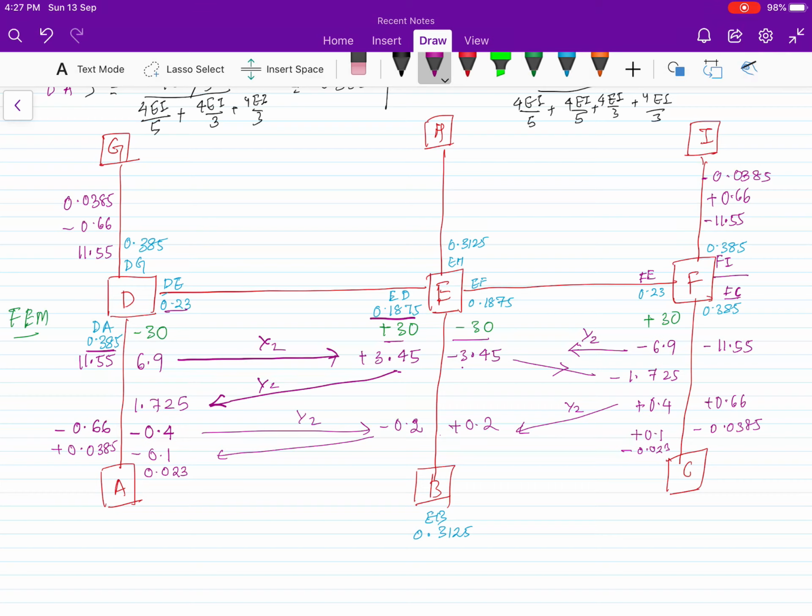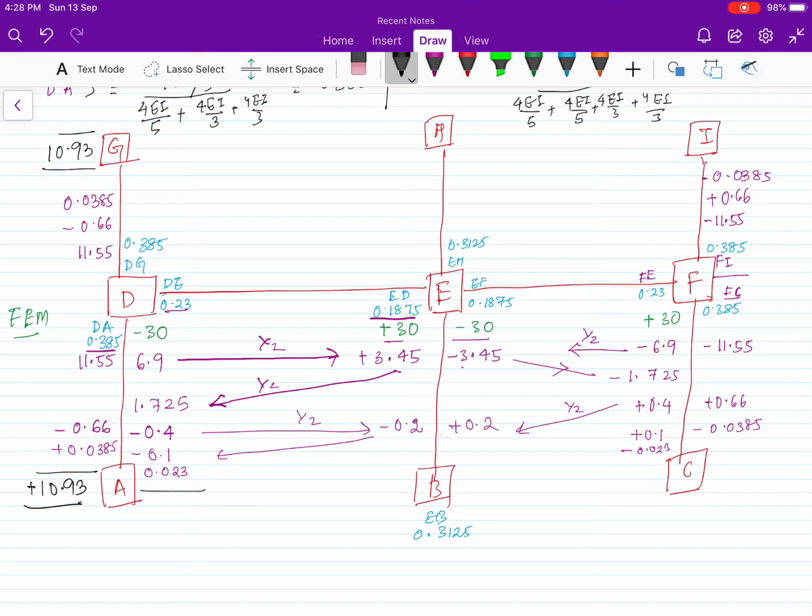Now coming to this, we are going to add all the moments. So for this column DA, the moment is 11.55 minus 0.66 plus 0.0385, which is plus 10.93. This is the moment coming to the DA column. That means add D to the column DA. Okay, this is 10.93. For DG, same 10.93.